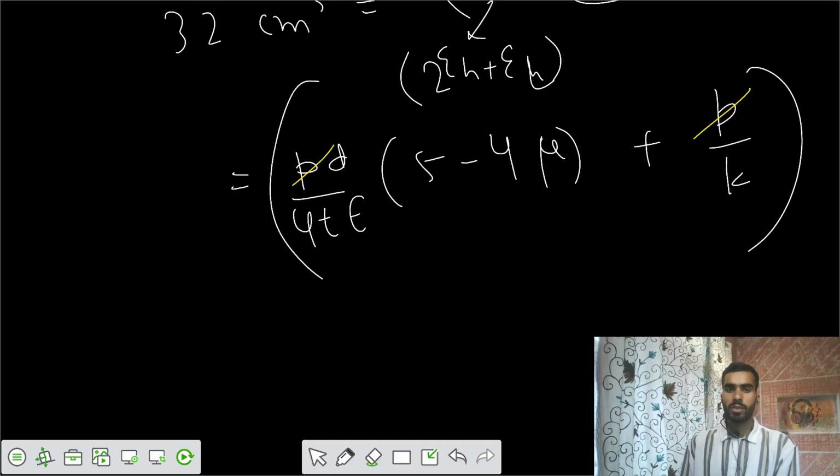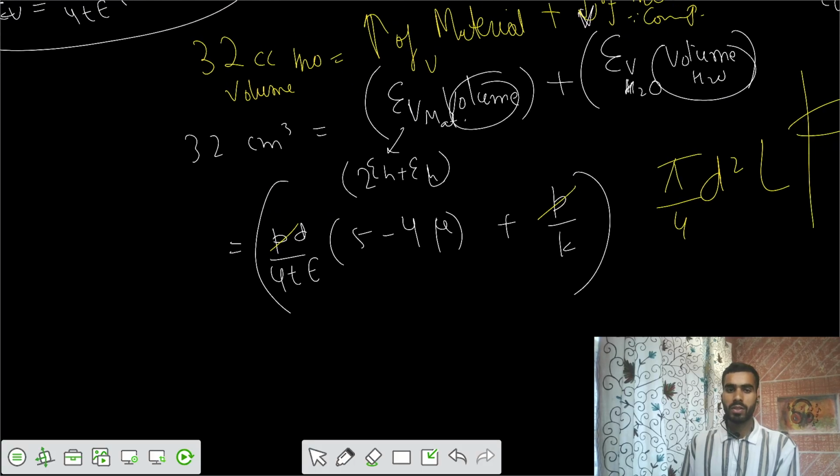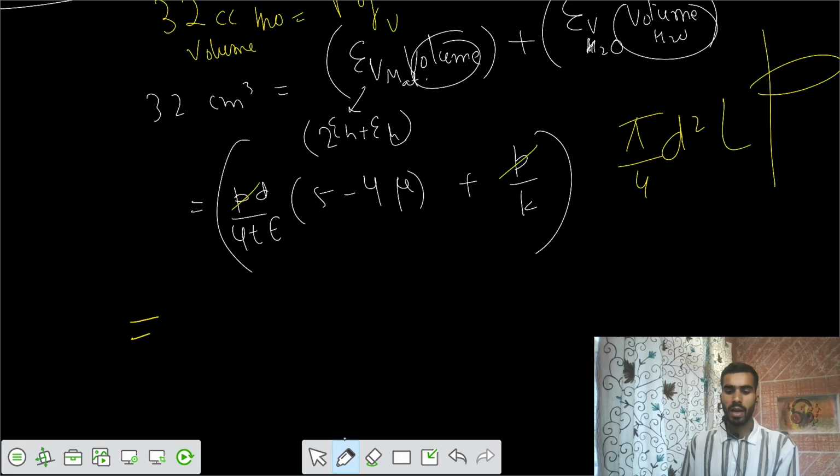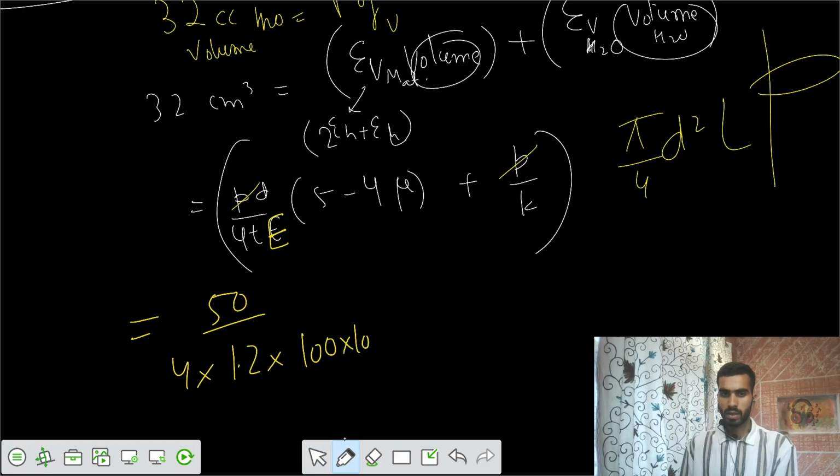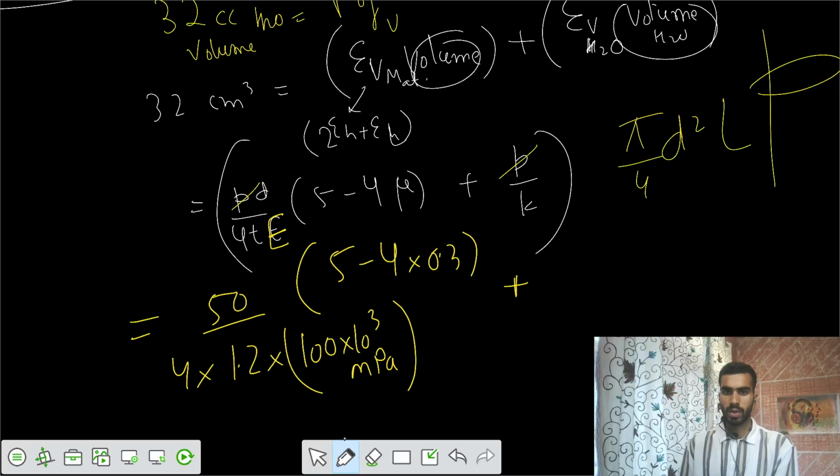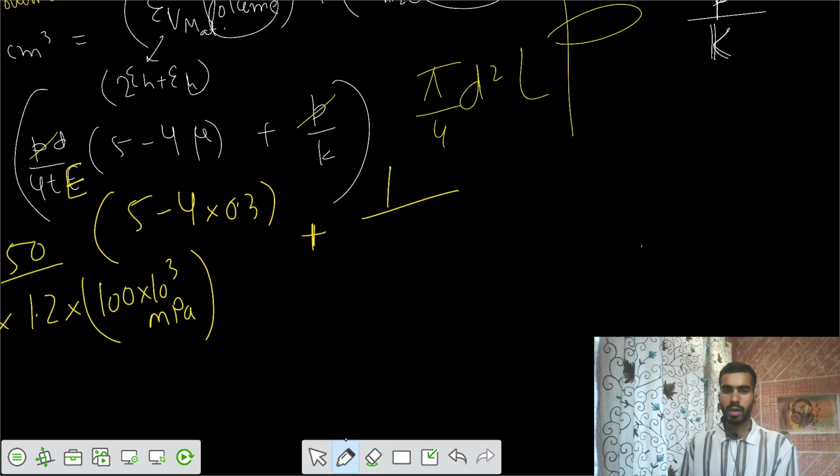If I substitute the values of those parameters, the diameter is 50 divided by 4 times thickness 1.2, and E was 100 gigapascal, that is 10 to the power 5 megapascal, and 5 minus 4 mu. Plus 1 by K, where K was 2000 megapascal.